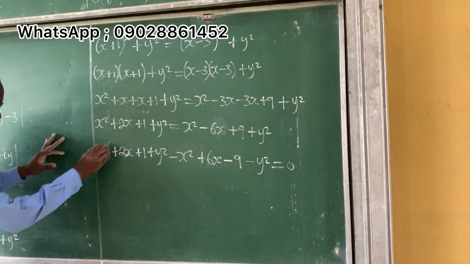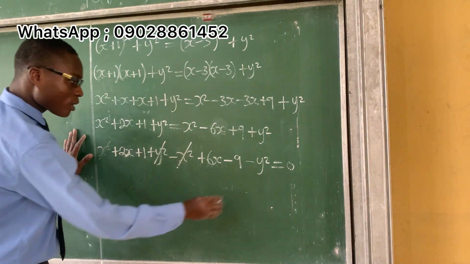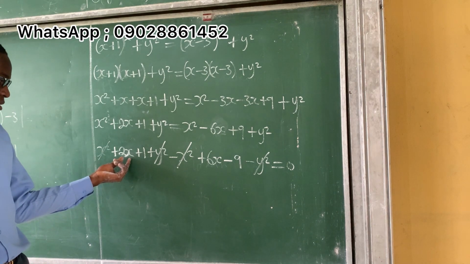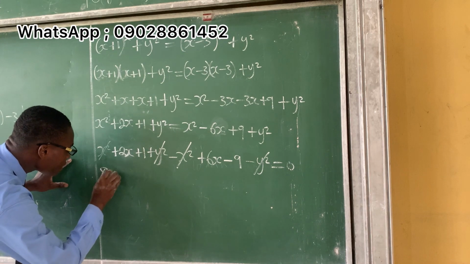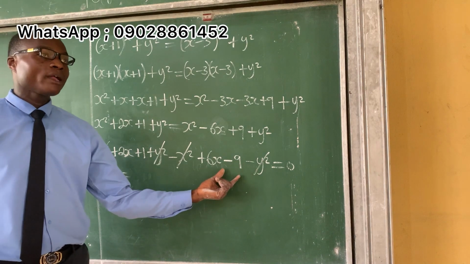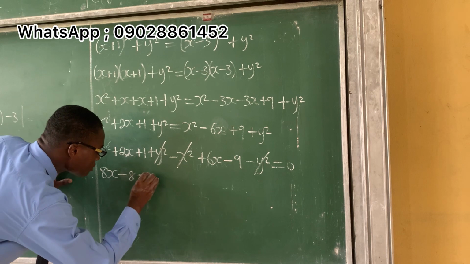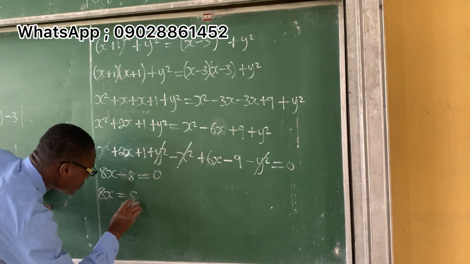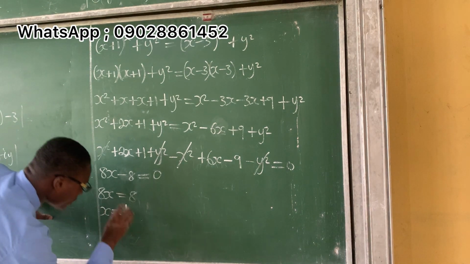So we cancel x squared with minus x squared, and y squared with minus y squared. We are going to have 2x plus 6x, and this will give us 8x. So we have 8x equals 1 minus 9, and this will give us minus 8, which is equal to 0. So it means that 8x is equal to 8. This implies that x is equal to 1.